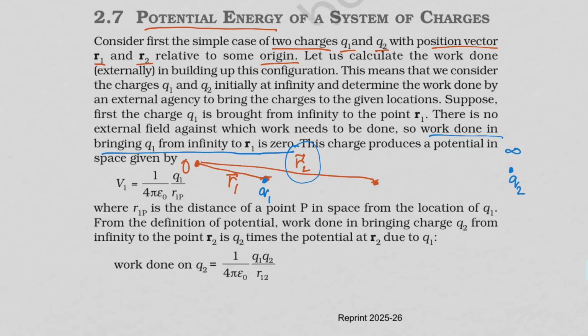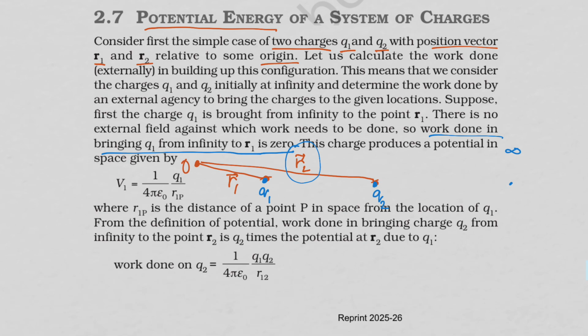Why? Because on Q2 there will be a force exerted by Q1. If we bring it here, a force is exerted by Q1, and because of this force there is work done in bringing this charge from infinity to that point.